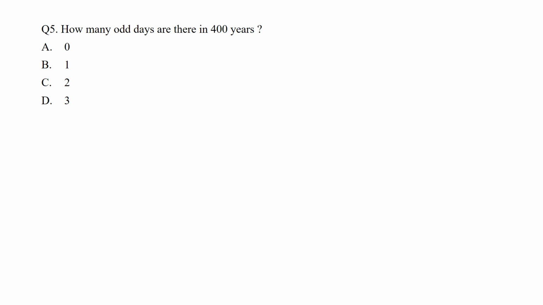How many odd days are there in 400 years? In a period of 400 years we have 4 century years, that is 100, 200, 300 and 400. We have seen the condition for leap year for century years.